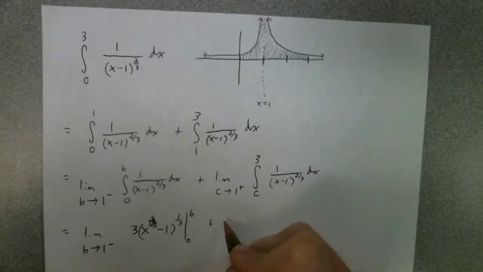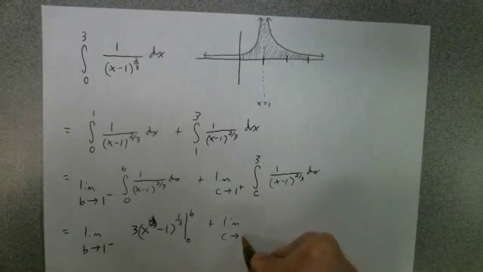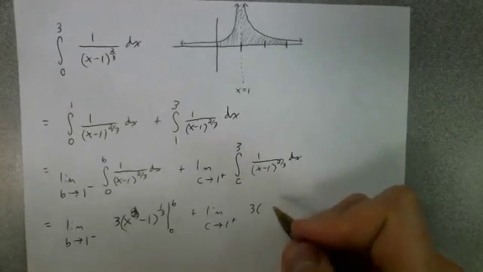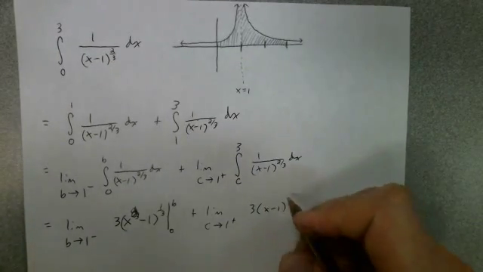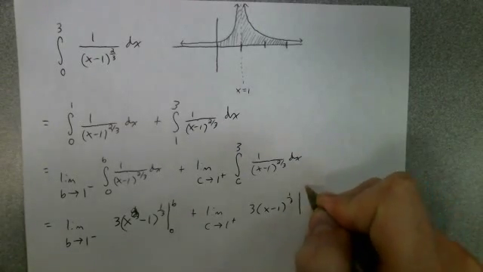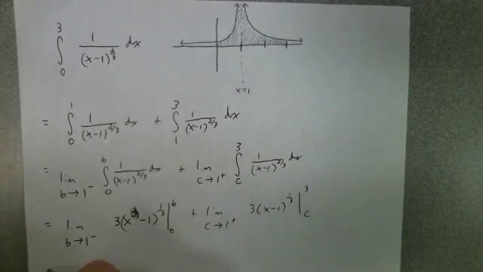Over here, similar case: the limit as c goes to 1 from the right of 3 times (x minus 1) to the 1/3 power. Plug in 3, plug in c, and subtract.